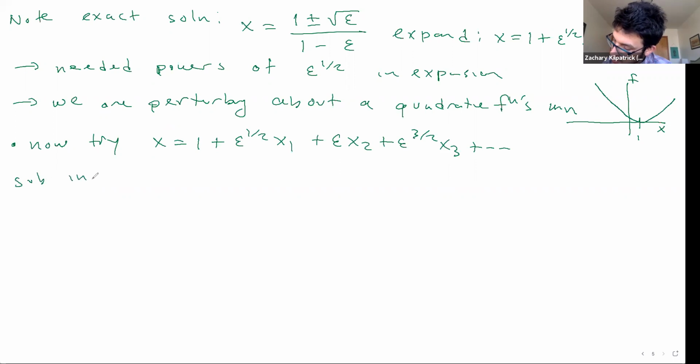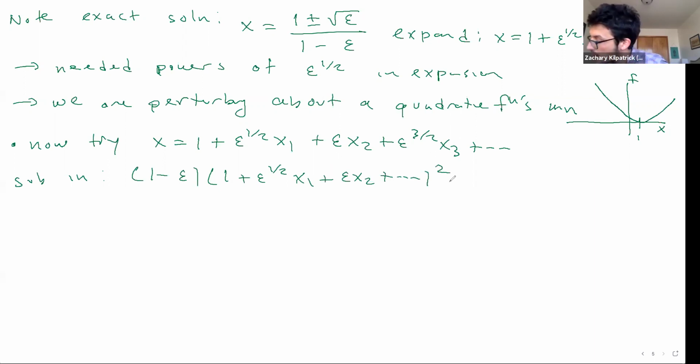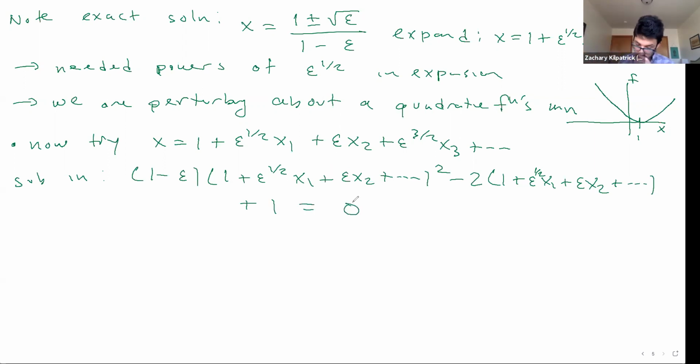If we substitute this into our equation, we get (1 minus epsilon plus epsilon to the 1/2 x1 plus epsilon x2, and so on) squared, minus 2 times (1 plus epsilon to the 1/2 x1 plus epsilon x2, and so on), plus 1 equals 0, okay?